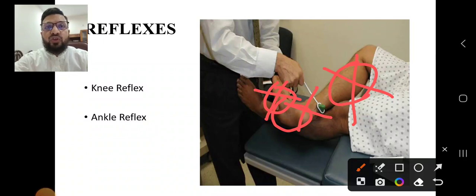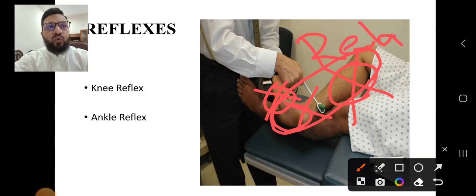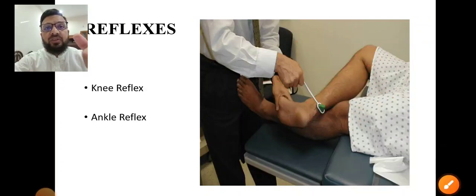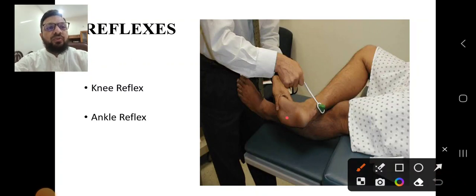And the fourth most important thing is that the patient's whole leg must be relaxed. So you have to explain to the patient, please be relaxed, and I will tap with this light hammer. It will not hurt you, and I will slowly perform it. And the sixth thing in performing any reflex is that your hammer fall must be a free fall.